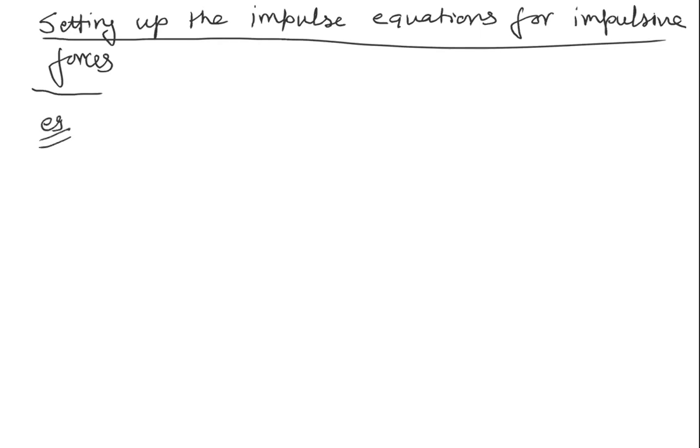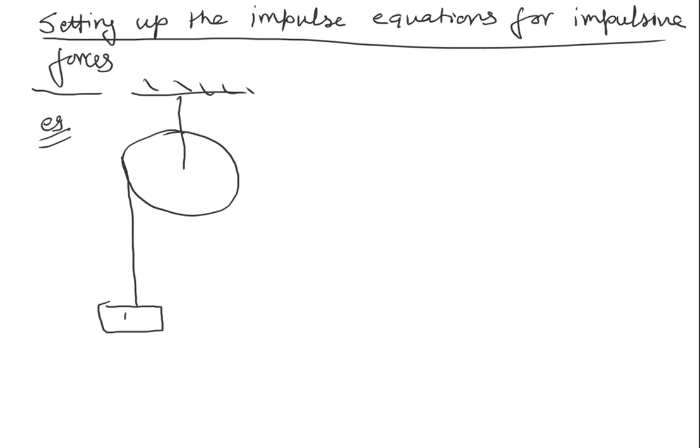So the situation is something like this. There is a block of mass m, there is a point particle of mass m which is located at a height h above.